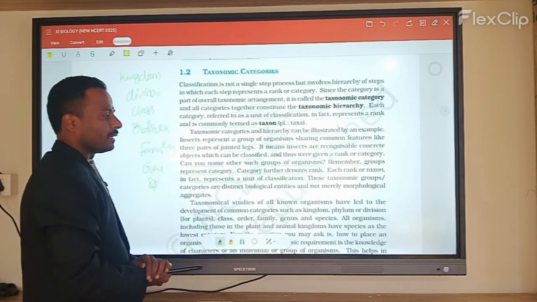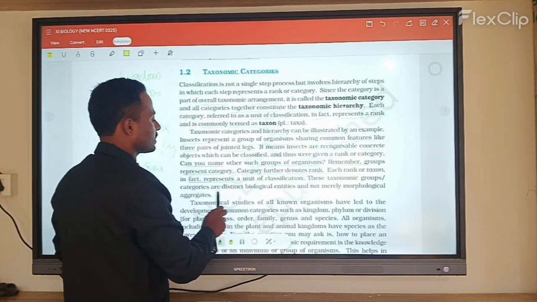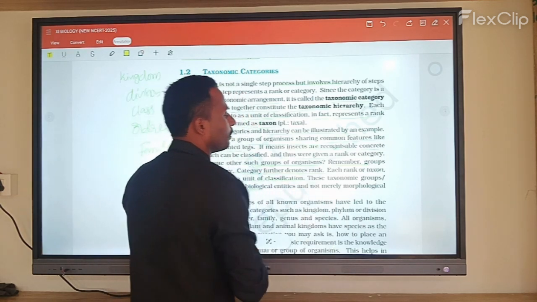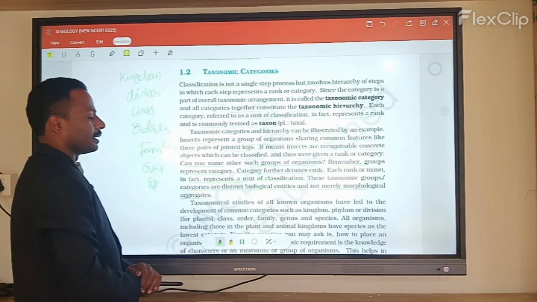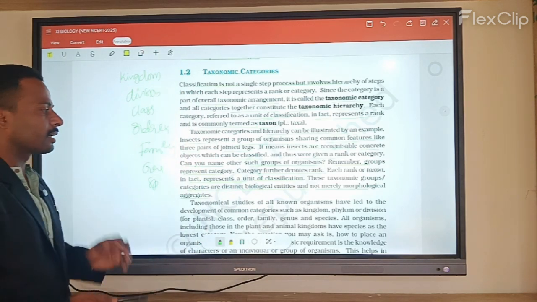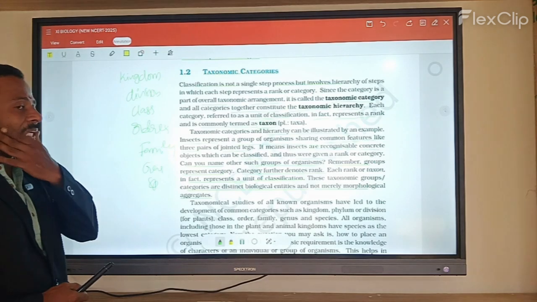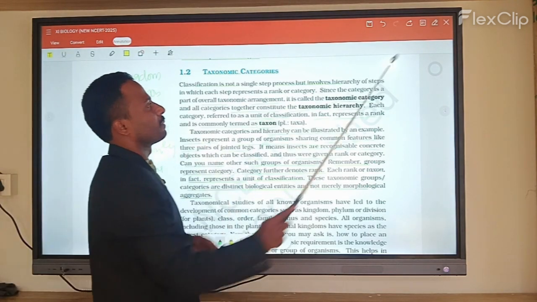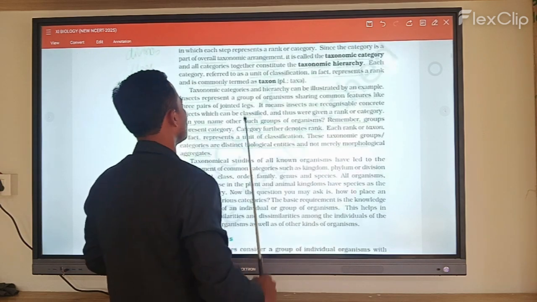Next, these taxonomic group categories are distinct biological entities, not merely morphological aggregates. Here, the morphological characters are what completely separate each and every group.